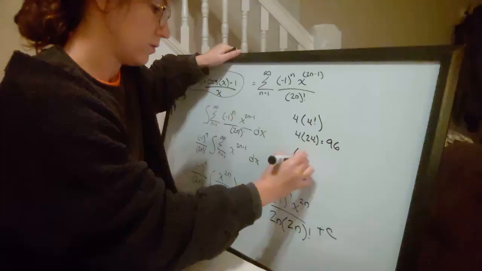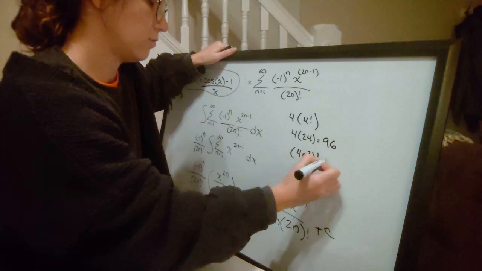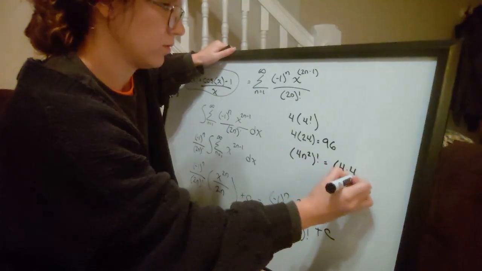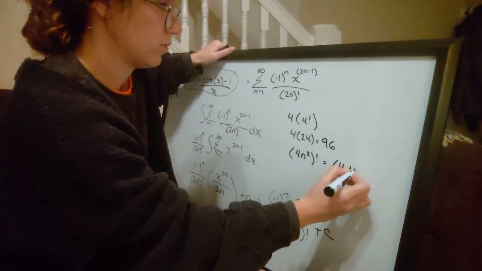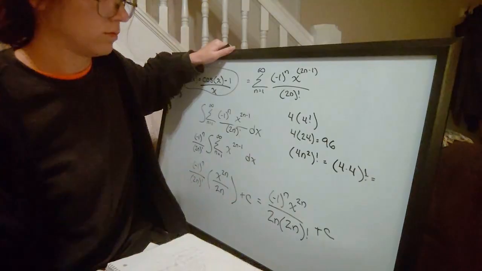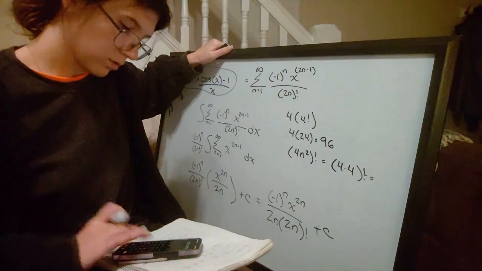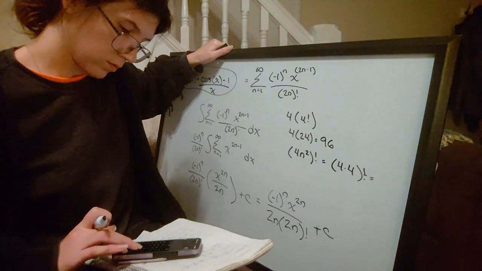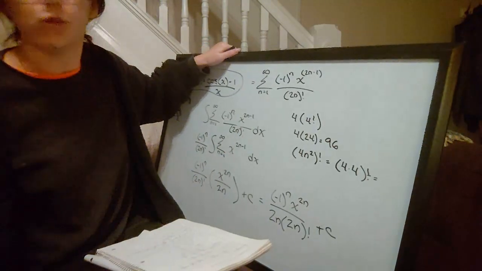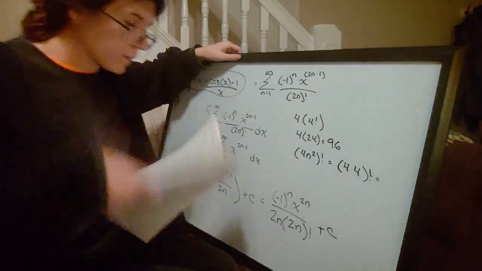And then if we did 4n squared factorial, which is 4 times 4, 16 factorial, there's no way 16 factorial equals 96. Yeah, there's no way. That's a huge number. So it's going to have to stay on the outside for now. So yeah, there we go.